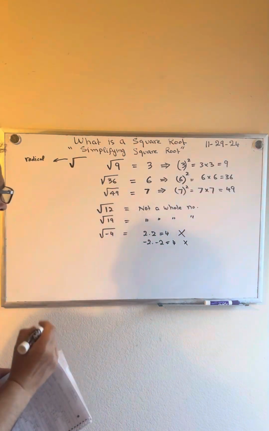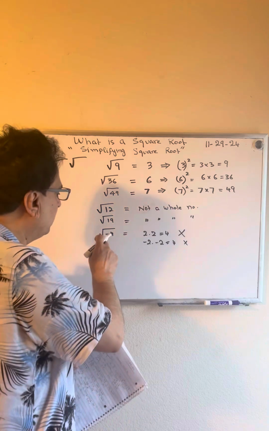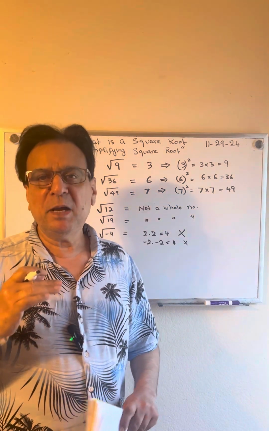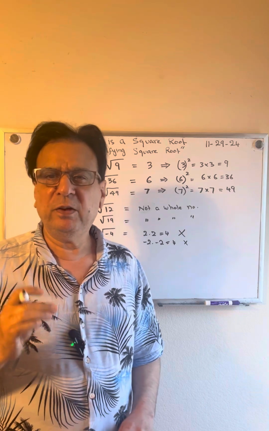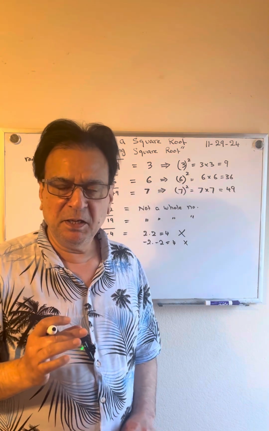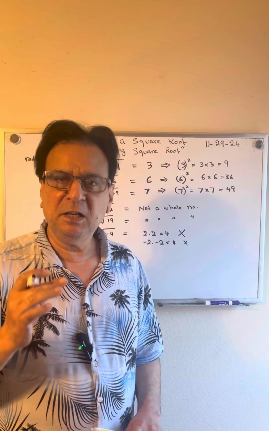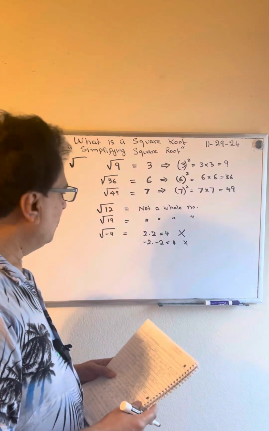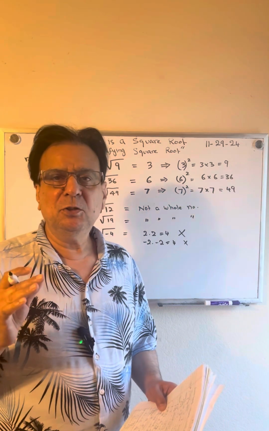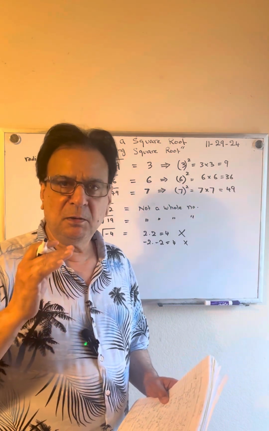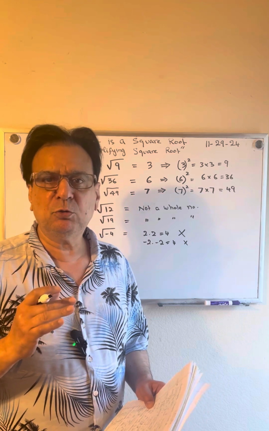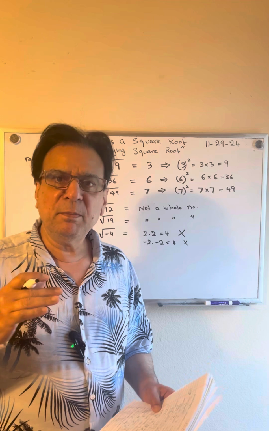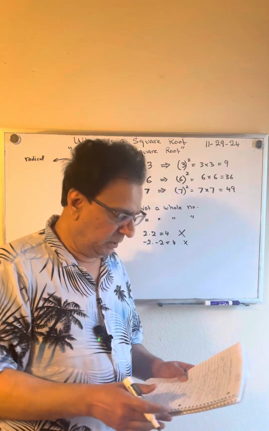When you have a negative under the radical, we get into imaginary numbers, which is a very, very fascinating topic, and I plan on getting into that later on in my course. For right now, just remember that you can't solve a radical of a negative number in the traditional way. There is a way, which is using imaginary numbers, which we will get into later on.